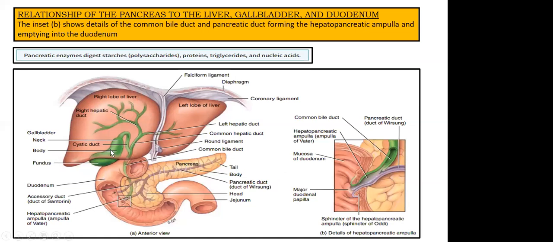Left lobe of the liver, right lobe. You can see a gallbladder, and you can see the cystic duct, common hepatic duct, common bile duct. Pancreas is here, duodenum is here. So this picture gives you clearly the anatomy of all these organs.